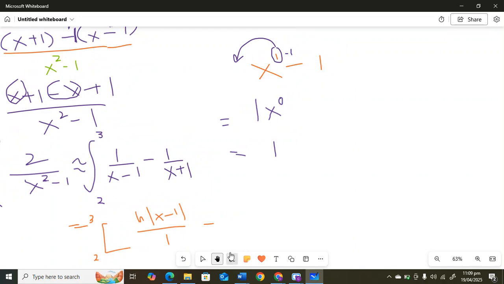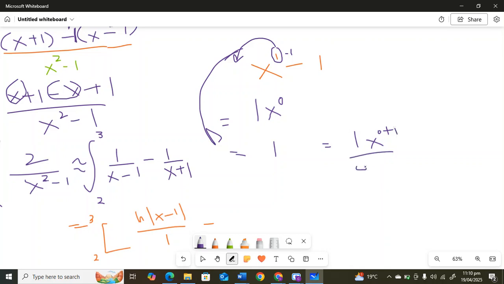Then, as I said, integration and differentiation are related because if we integrate 1, it becomes like this. Remember, with integration, you add a 1 to the exponent. What you do with the exponent, you do in the denominator.